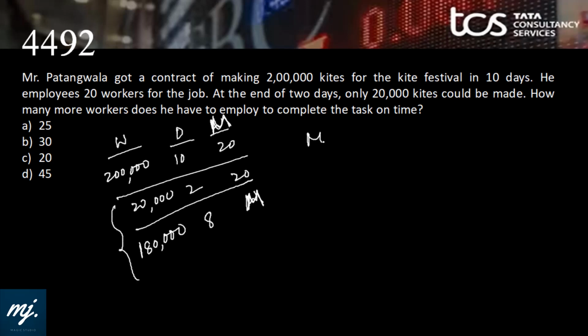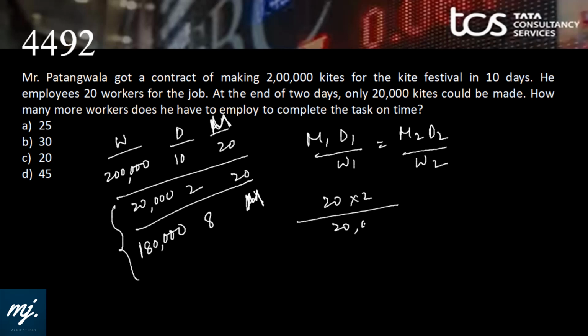Use masala here. M1 D1 W1 equals M2 D2 W2. So we have M1 was 20. 20 into 2 by 20,000 equals M into 8 by 1,80,000.